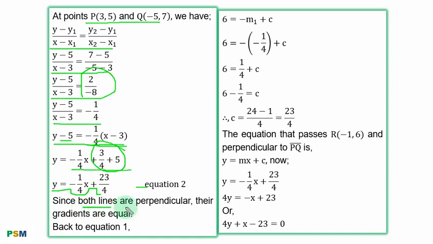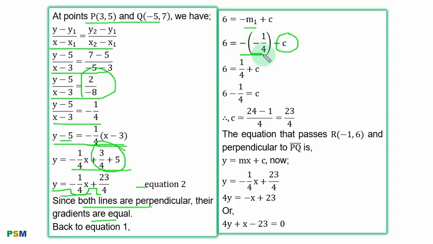Since both lines are perpendicular, their gradients are related. If two lines are perpendicular, the product of their gradients is minus 1. Let's go back to equation 1 and replace m with minus 1 over 4, the gradient of the second line, obtained using points P and Q. From here, we need to find c, the intercept on the y-axis.